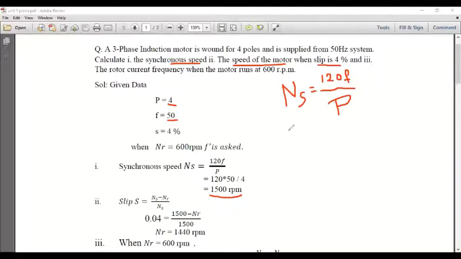See, for slip, S is equal to, we know the formula, ns minus n by ns.